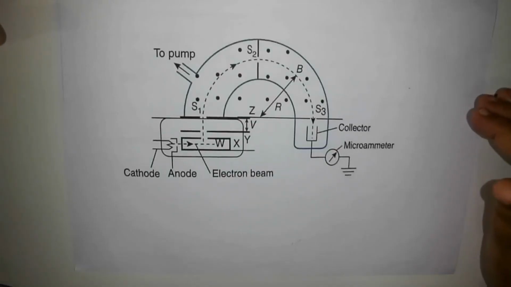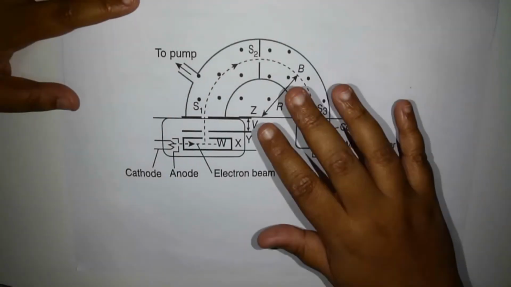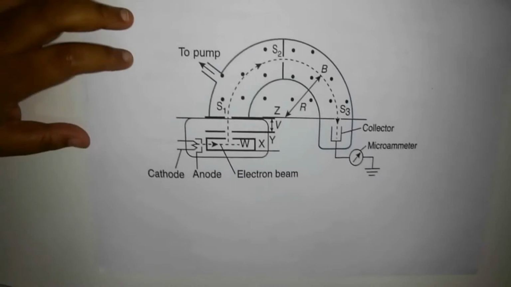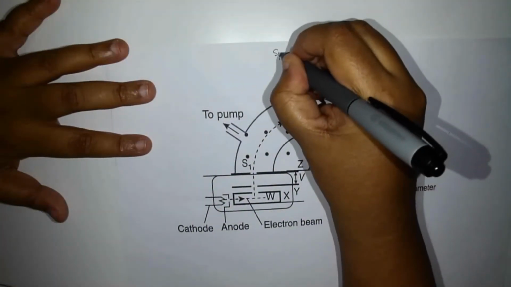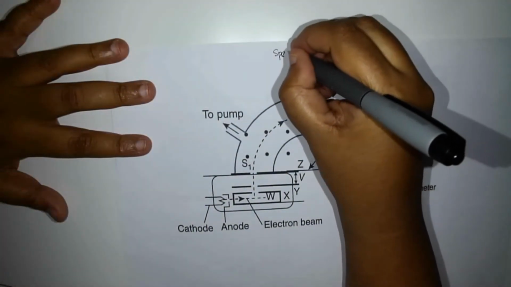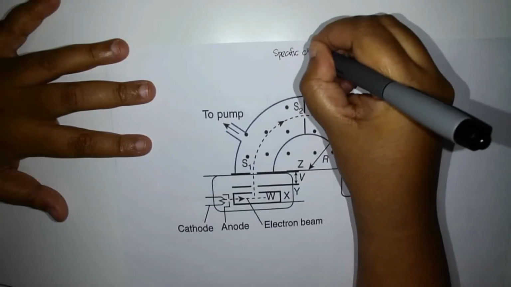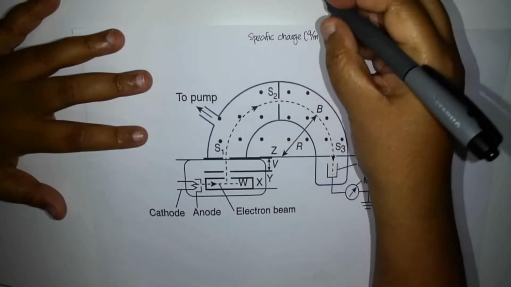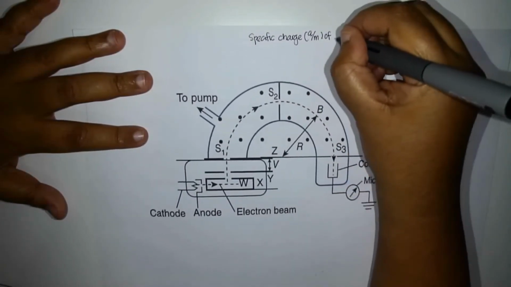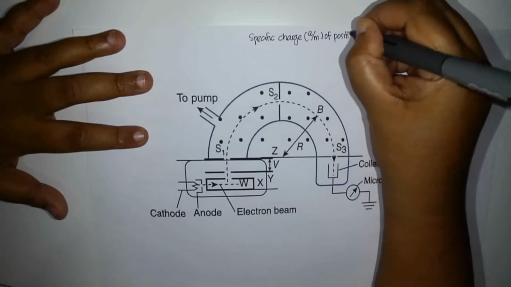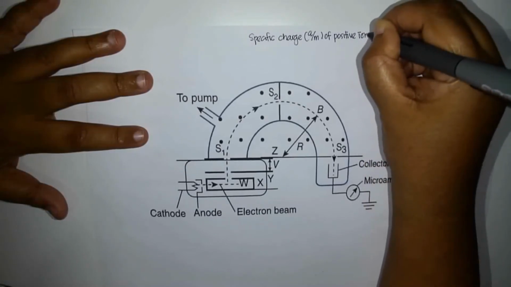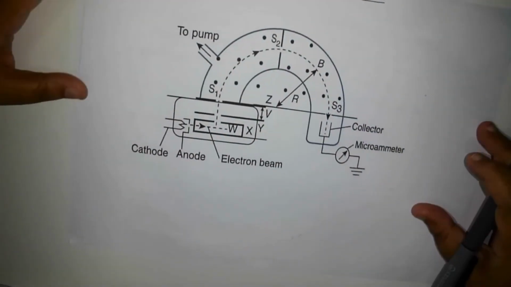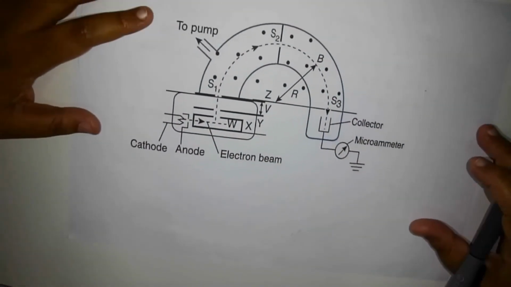We have another type of spectrometer, which is used to determine the specific charge Q over M of a positive ion. Okay, another type of spectrometer.